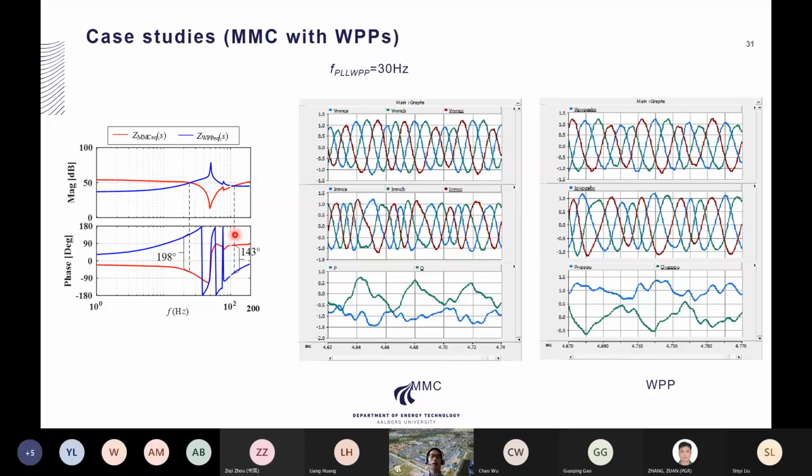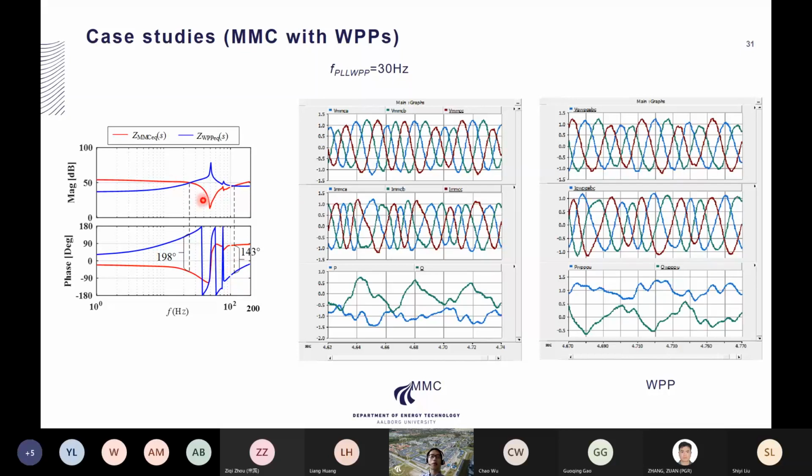And this negative damping is exactly caused by the dynamics of the phase lock loop, as I explained before. So you can see that if we adopt a quite large bandwidth of the phase lock loop, the frequency range of this negative damping is quite wide.